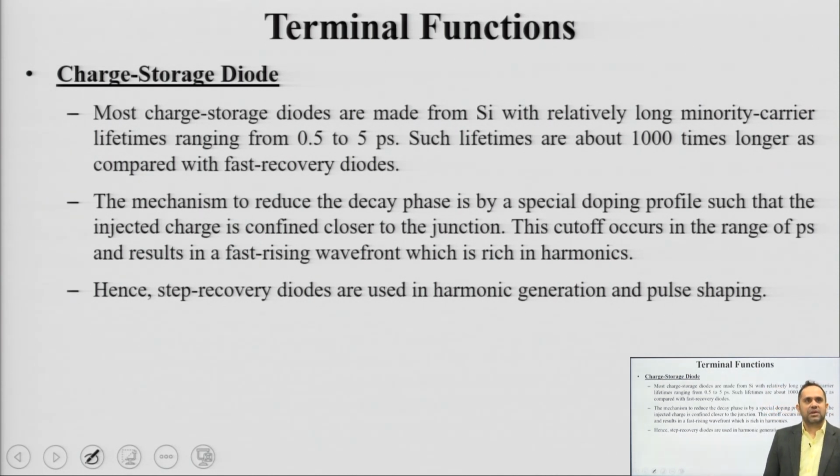The mechanism by which you can reduce your decay phase is to have a special doping profile such that injected charge is confined to the region close to the junction. This cutoff occurs in the range of picoseconds and results in a fast rising wavefront, which is rich in harmonics. So, it can be used for things like harmonic generation and pulse shaping.